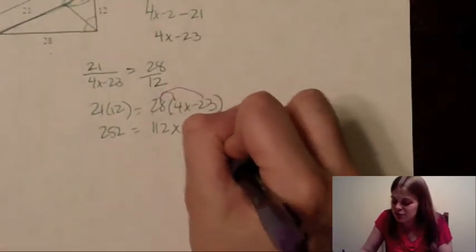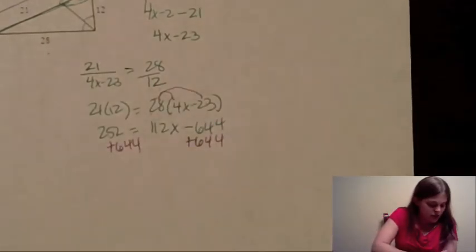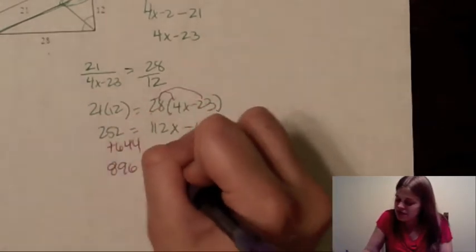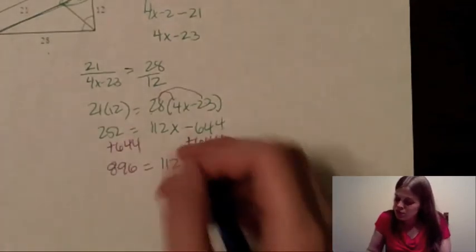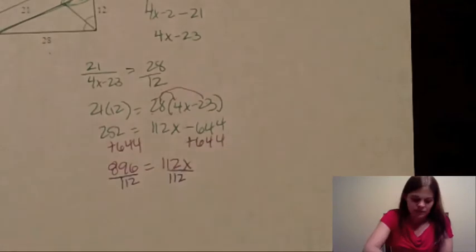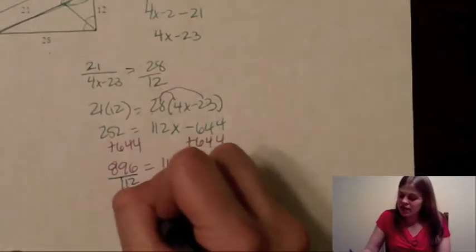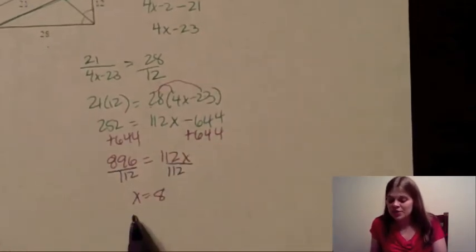So I add 644. So if I add 252 to 644, I get 896, and that's going to equal 112x. So to undo this multiplying right here, I'm going to divide by 112. So if I divide by 112, our x value is 8. Okay?